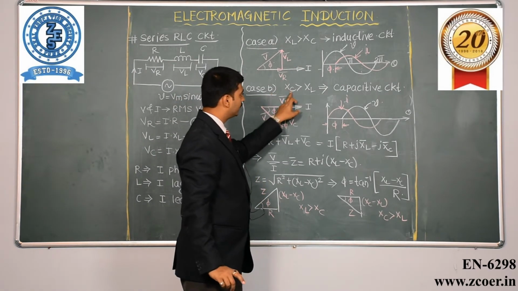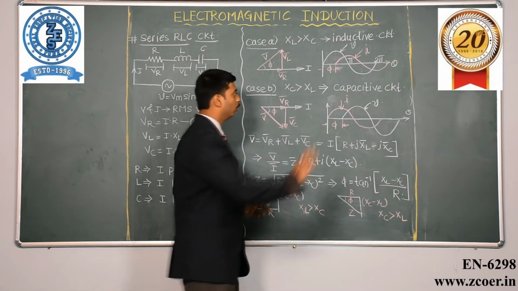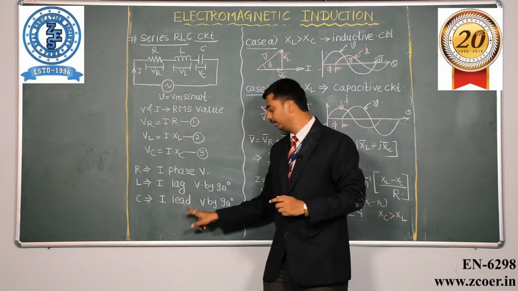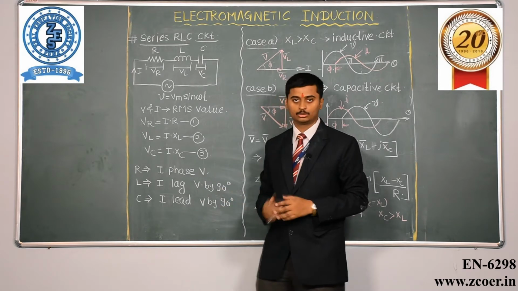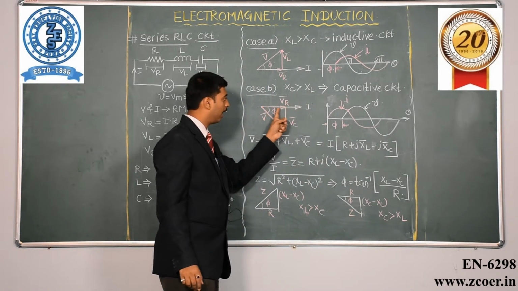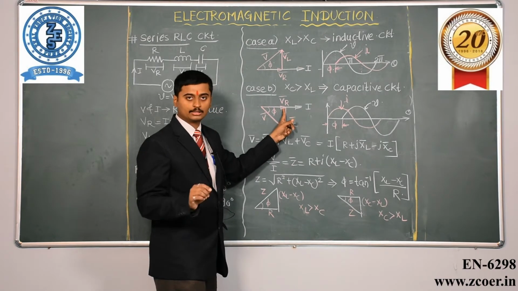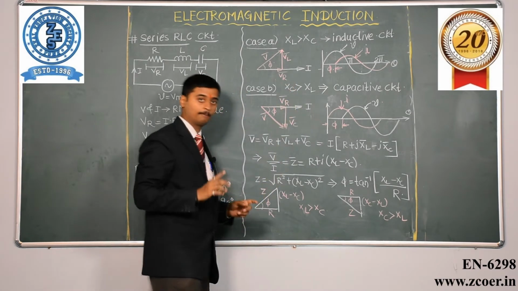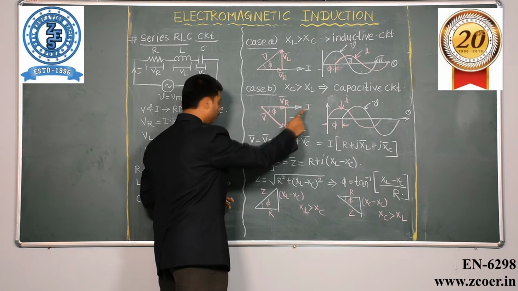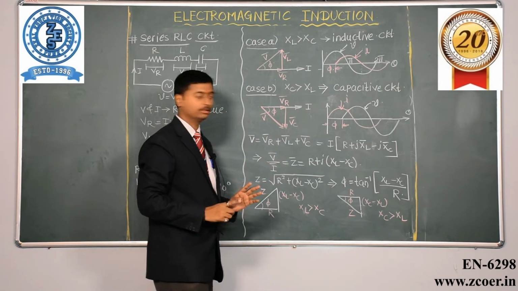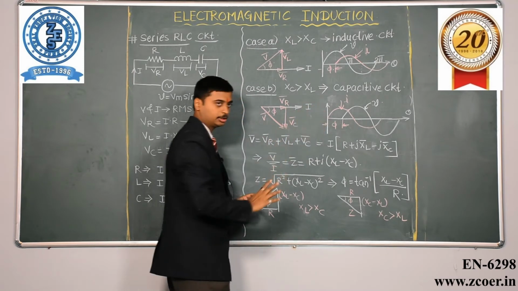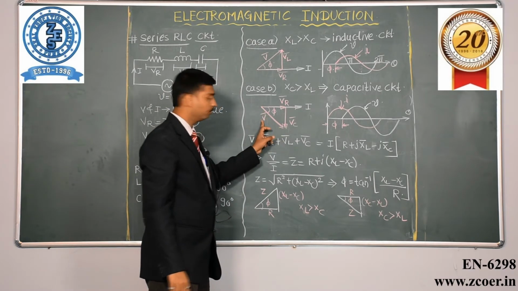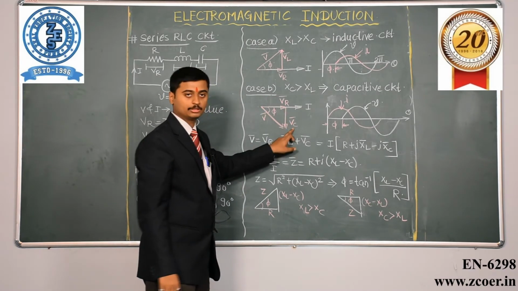Case B is when XC is greater than XL, that is, a capacitive circuit. We know that in a capacitor, current leads the voltage by 90 degrees. Again, current and VR are in phase, as in a resistive circuit. But as it is a capacitive circuit and XC is more than XL, the current leads the voltage by 90 degrees in the anti-clockwise direction. The resultant is V bar equal to VR bar plus VC bar.